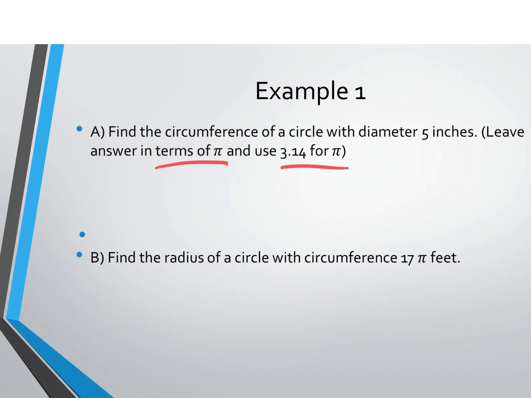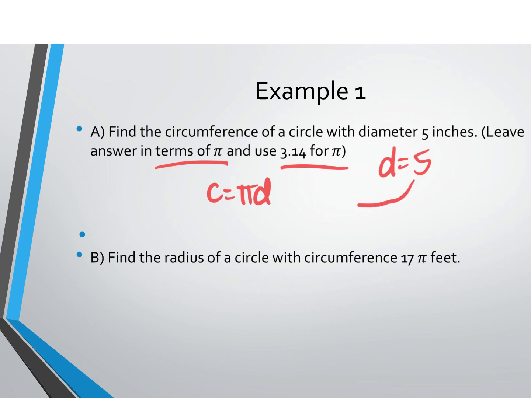What is the formula for circumference that also involves diameter? Nick? C equals pi times diameter. Very good. So C equals pi times diameter. And what is the diameter for this problem? D equals 5.